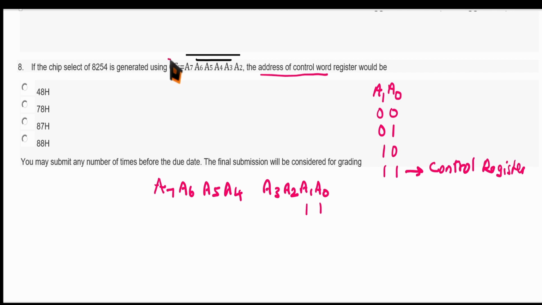The chip select signal is active low. So the complete thing should produce 0. For that, this A7, all these things should produce 1. That means A7, A6, A5, A4, A3, A2.